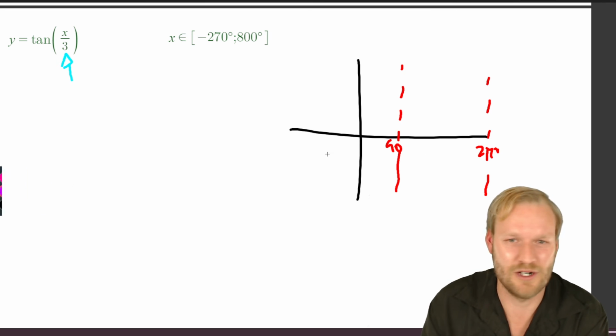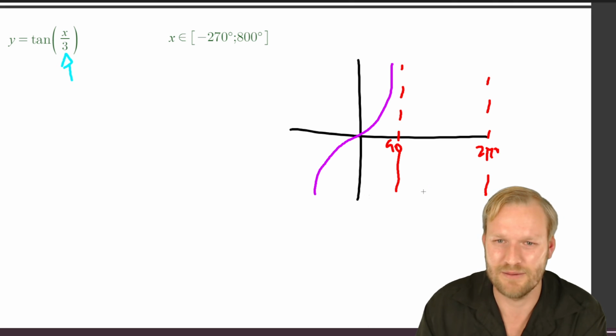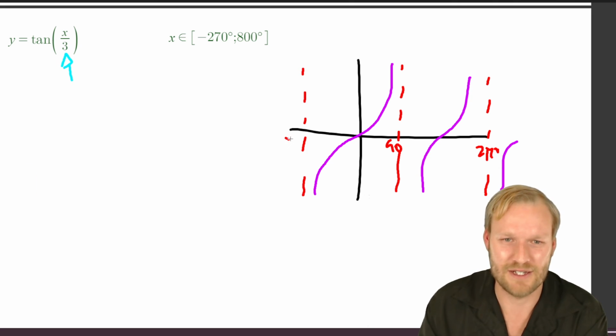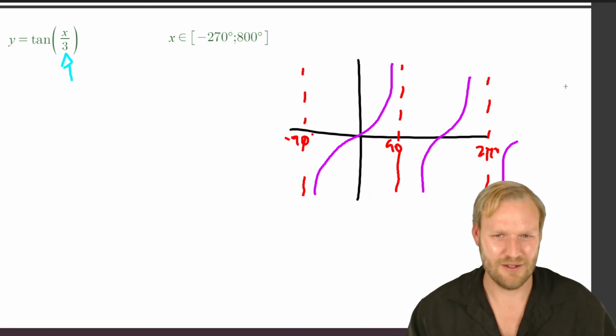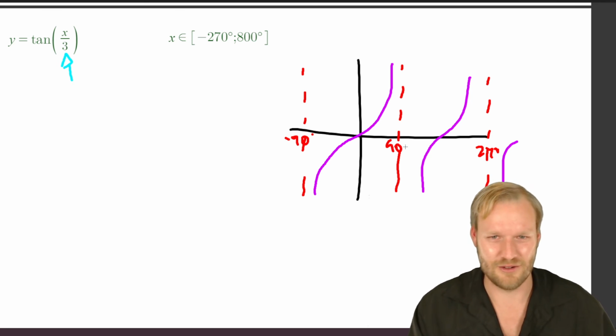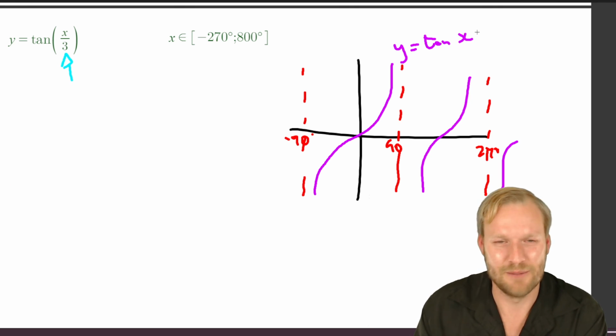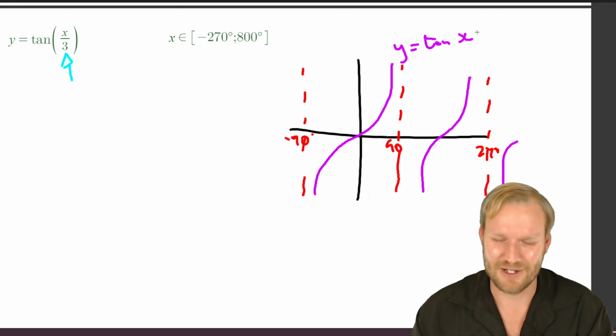And when we drew our graph, it does something like that, and carries on. And there was another asymptote at minus 90. If that's what our y equals tan x looks like, let's label it like good people. So y equals tan x, there's what it looks like.